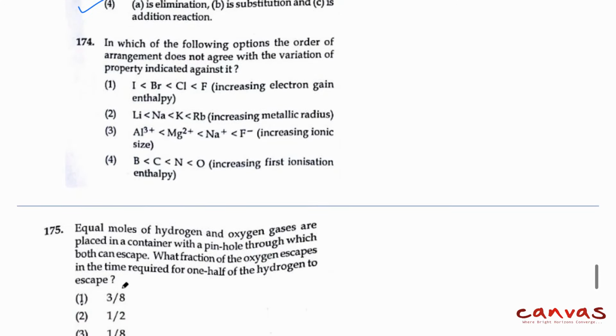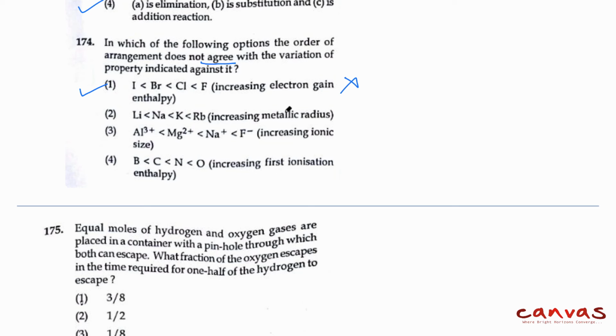Then the 174th question. Here again we have some contradictions. First, the increasing electron gain enthalpy. This is wrong, because fluorine is supposed to have the highest electron gain enthalpy, but it does not. So based on that, the first is wrong, so obviously it should be the answer, because they have asked which does not agree.